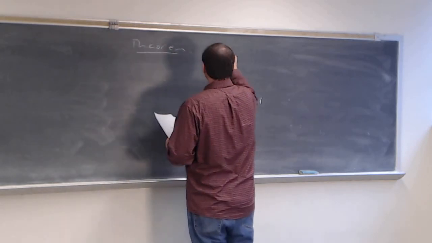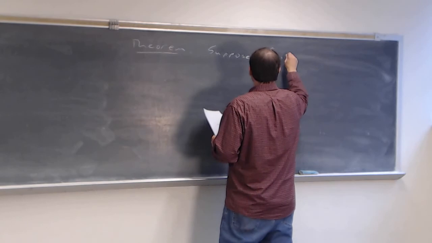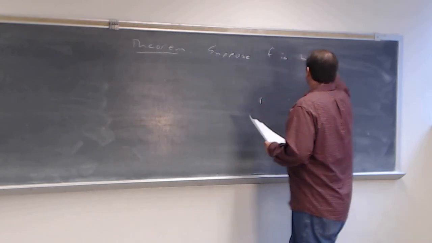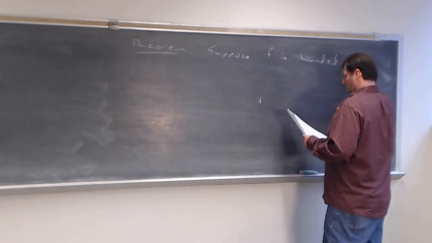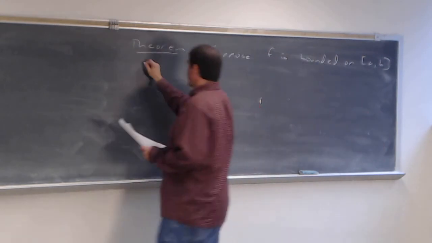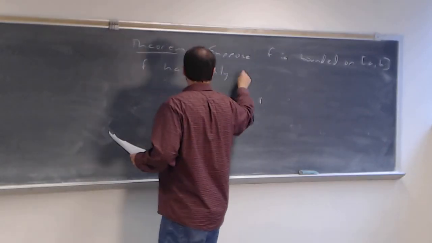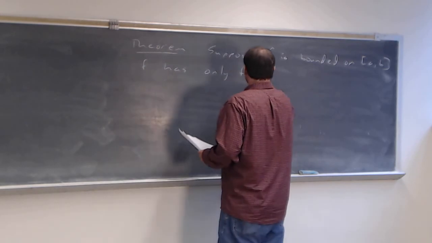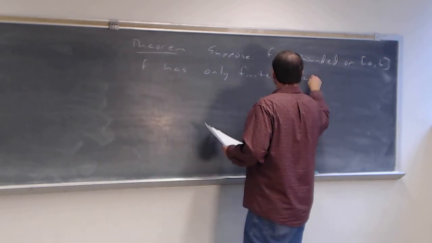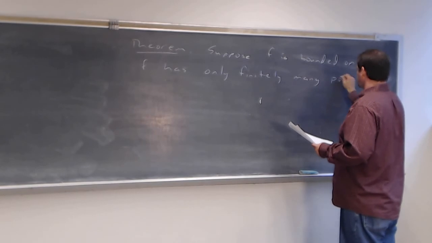It says, suppose f is bounded on [a, b]. f has only finitely many points of discontinuity.